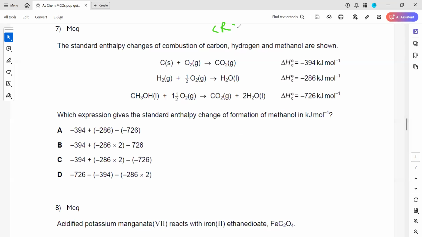Remember that rule. I told you if you can do it directly, it is CRP. So reactant minus the product will give you the same answer as this one.